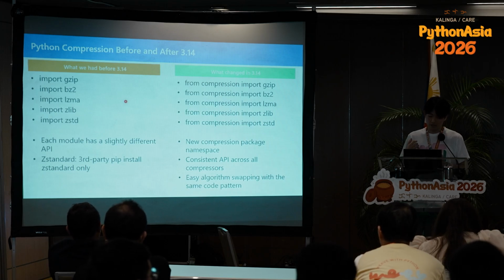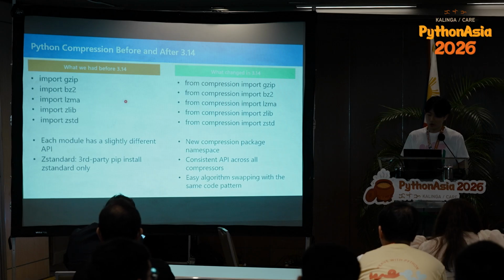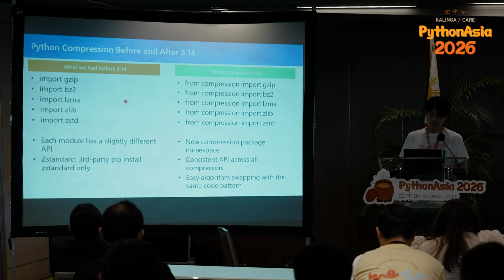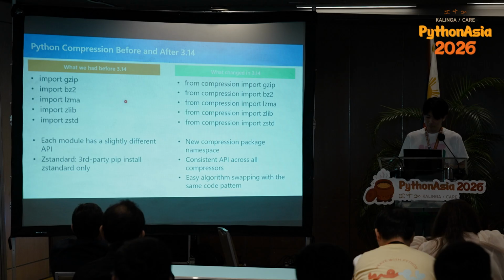After Python 3.13, a new compression package namespace was introduced. So all algorithms, including gzip, bz2, lzma, zlib, and zstd, can be used the same way from the compression package, which makes swapping algorithms much easier.